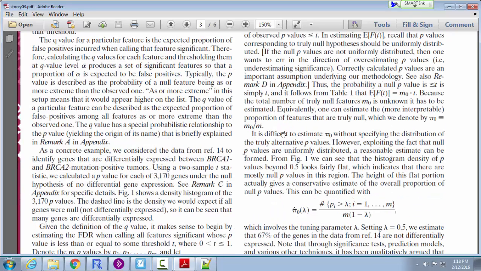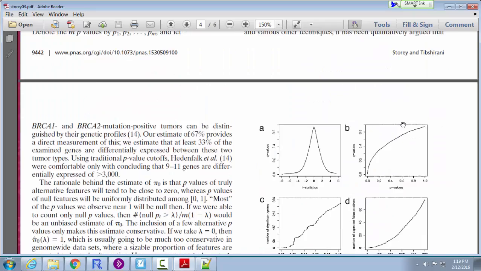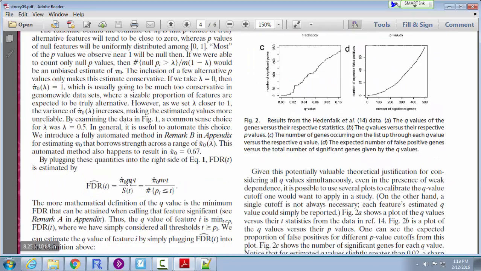And m0 we used to define this quantity pi 0. Pi 0 is the proportion of features that are null. So up on the previous page, it was m0 times t in the numerator. And all we've done is replace m0 by m times pi 0 hat. m times pi 0, whatever the proportion of null features is, m times pi 0 would be m0.